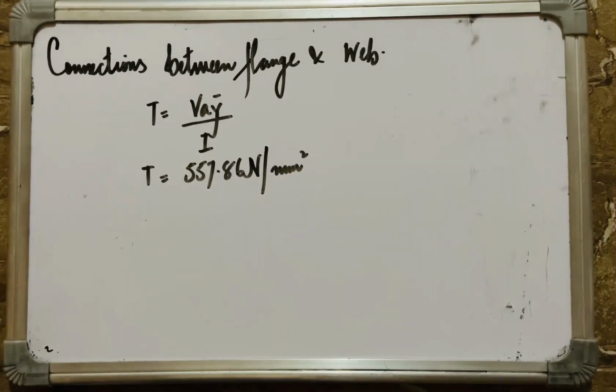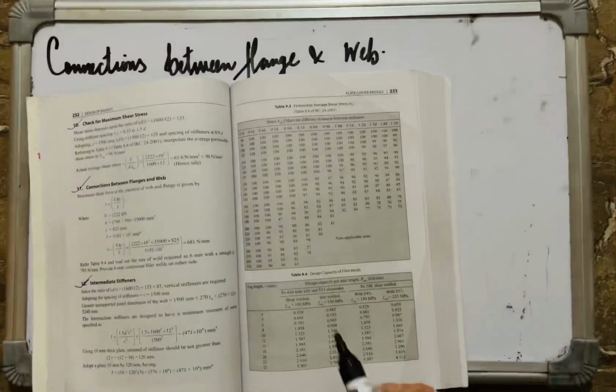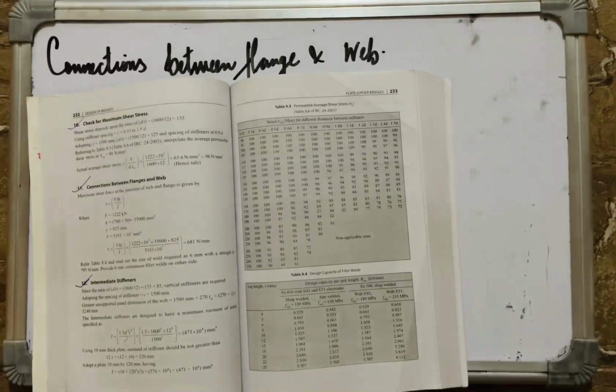Now we have to design the connection between flange and web using a continuous weld. And how do we do this? We make use of this table. You can see here in this table, the design capacity of fillet welds. We'll be using fillet welds to design the connection between the flange and the web. The design capacity of fillet welds is shown in this table.